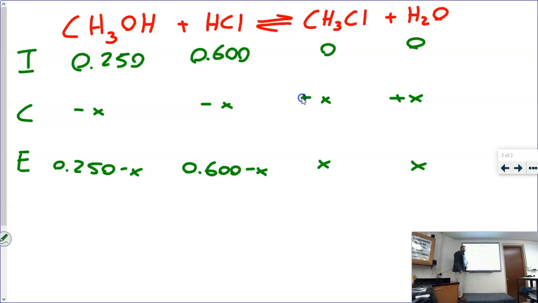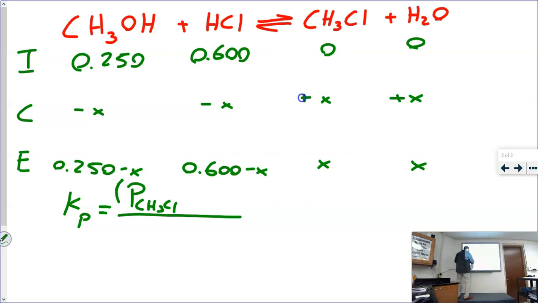Now, we can set this up, and we can set up K. Kp equals products over reactants. So I have the partial pressure of CH3Cl multiplied by the partial pressure of H2O divided by the partial pressure of CH3OH multiplied by the partial pressure of HCl.